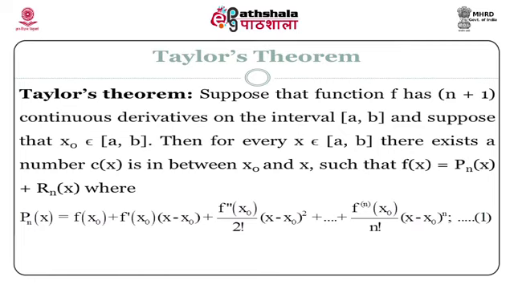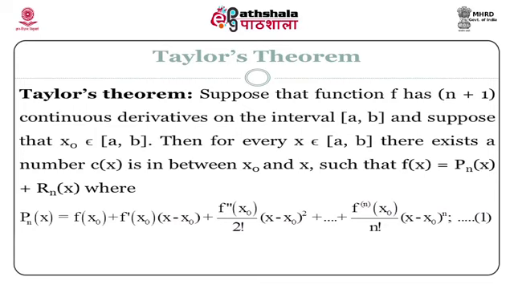is given by f(x0) + f'(x0)(x - x0) + f''(x0)/2! (x - x0)^2 + ... + f^(n)(x0)/n! (x - x0)^n. So, we are taking the sum up to this nth term.